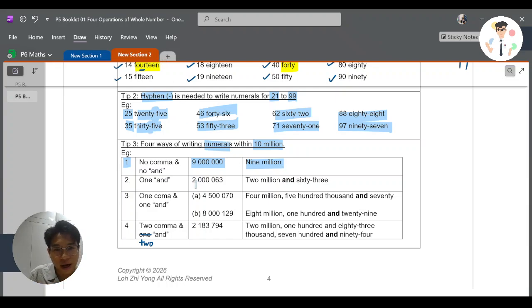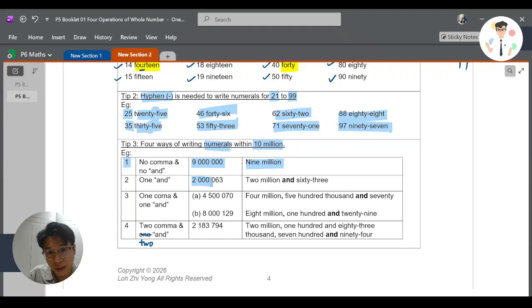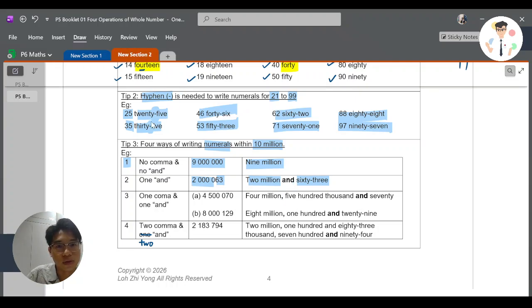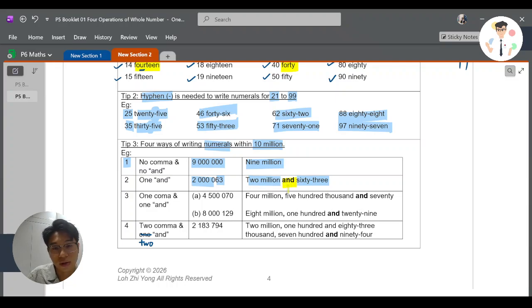But what if I put here 2 million, but now I add something, the 63 here? Then your case will be what? 2 million 63. Yes, but we need a connector, something that connects them together. So we'll put the word "and" here. Okay, so 2 million and 63.